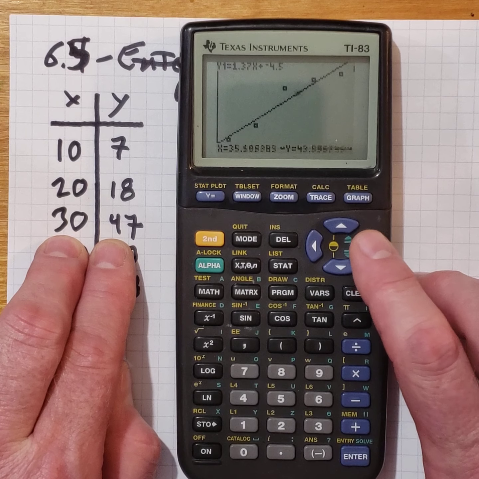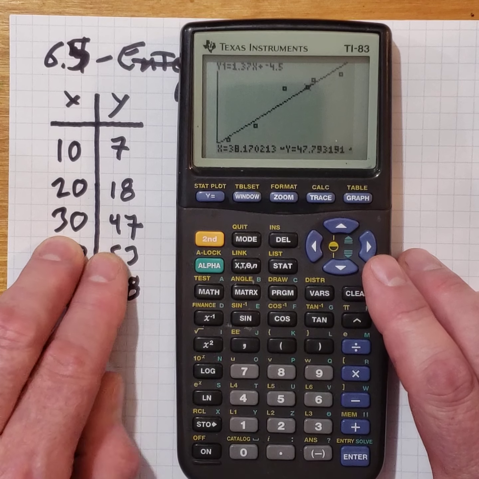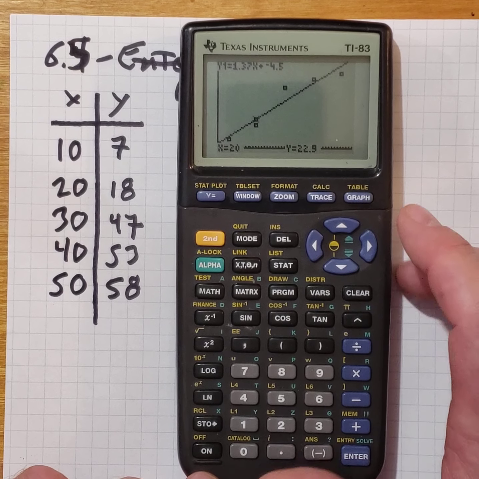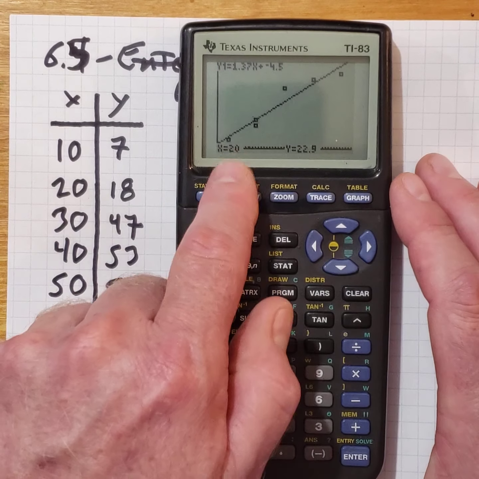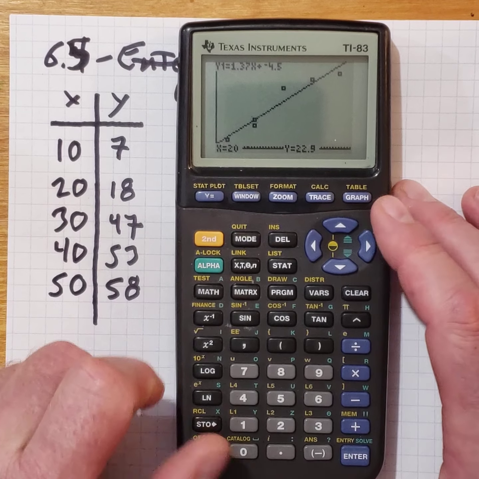And I can use my sideways arrows to find as many points as I like on this linear regression, or I can type in numbers. So if I type in 20, boom. If this was a perfect fit, then this would have been 20, 22.9 instead of 20 and 18.